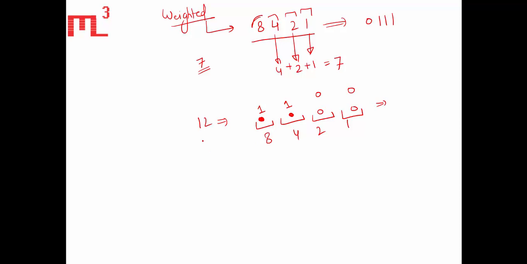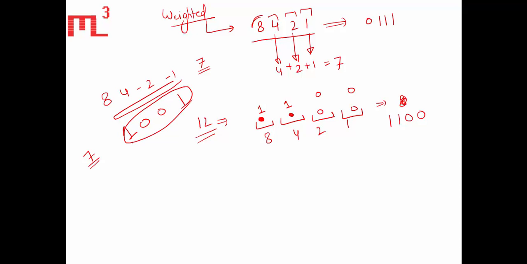So the 8421 code corresponding to 12 is 1100. These are called positively weighted codes. In the same sense we have the negatively weighted code 84-2-1, and suppose you want to represent 7 in it, that is 1001.